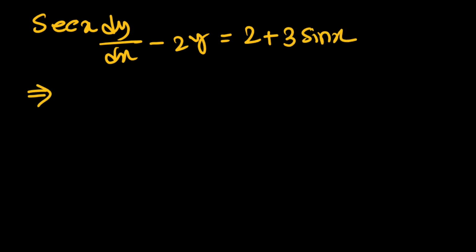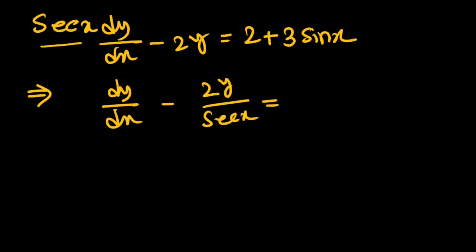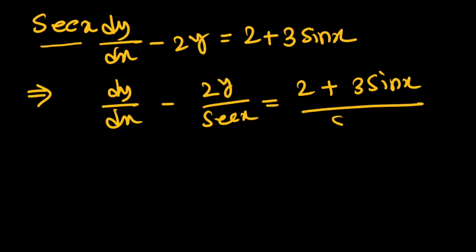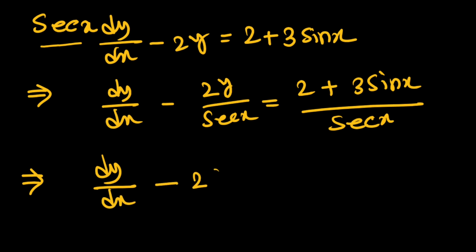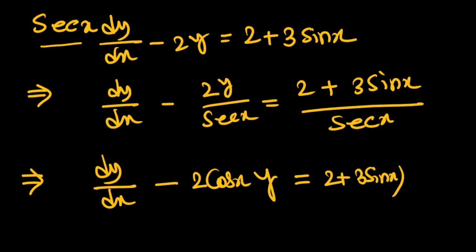Then we divide by the sec function: dy/dx minus 2y over sec x is equal to 2 plus 3 sin x over sec x.